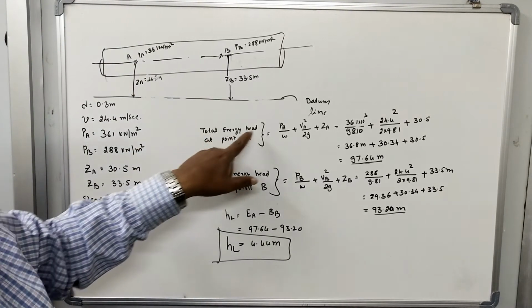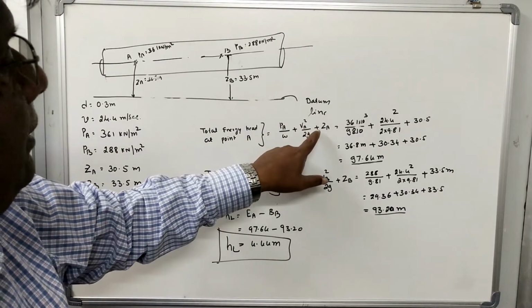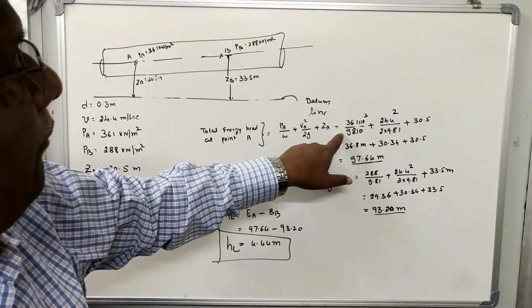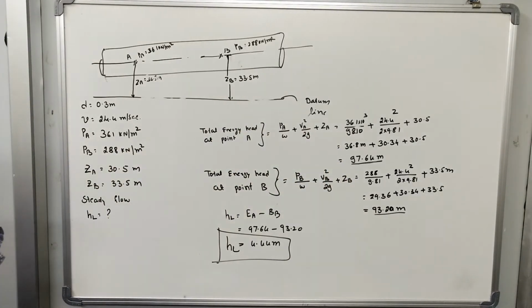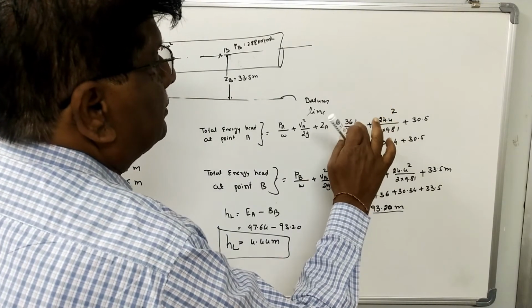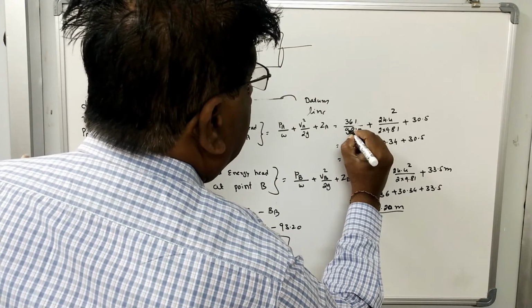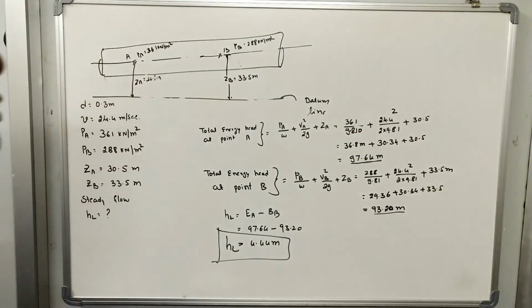That is, total energy at point A is equal to PA by W plus VA square by 2G plus ZA. Substitute the values: 361 divided by 9.81 plus 24.4 square, that is velocity, divided by 2 into 9.81.